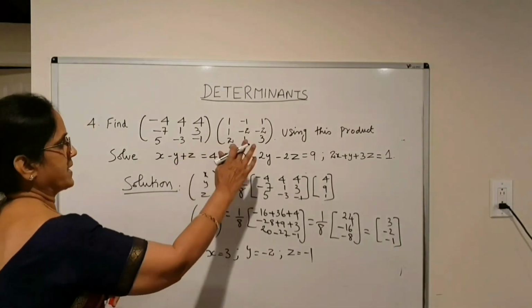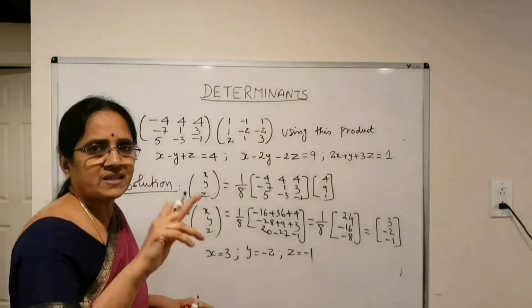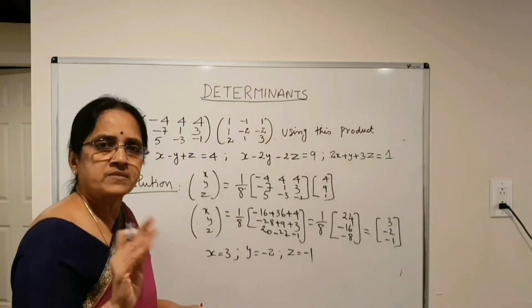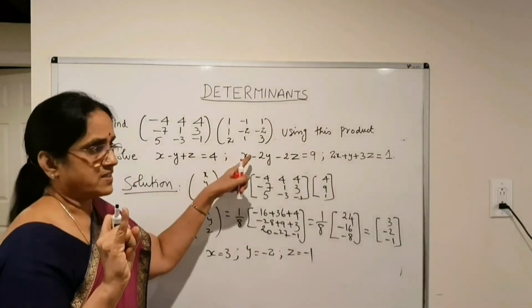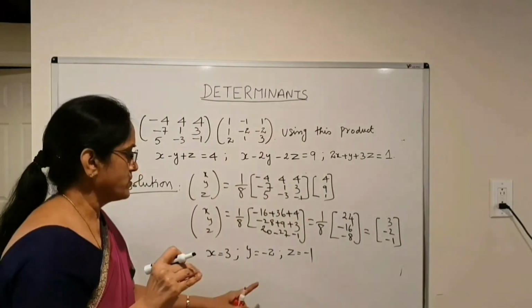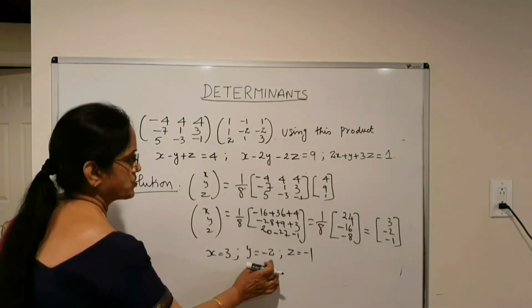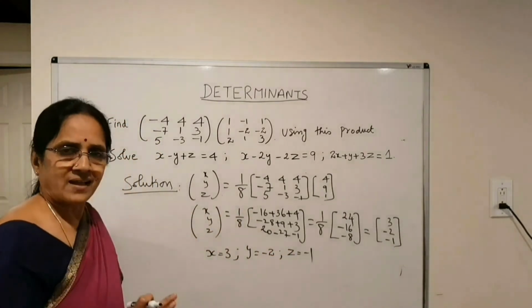First one is the product, the product matrix you got. The product is nothing but 8 times I, that is 8 0 0, 0 8 0, 0 0 8. That will be the product, so that is the first answer. That product you are using to solve it. So x is equal to 3, y is equal to minus 2, z equal to minus 1. This will be your final answer.